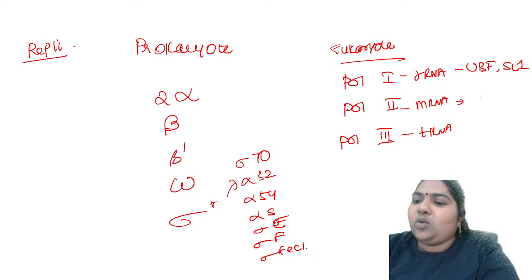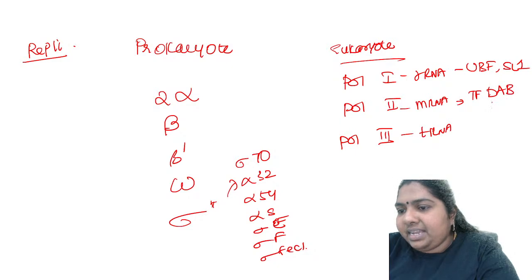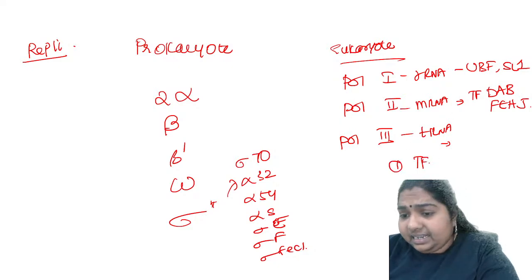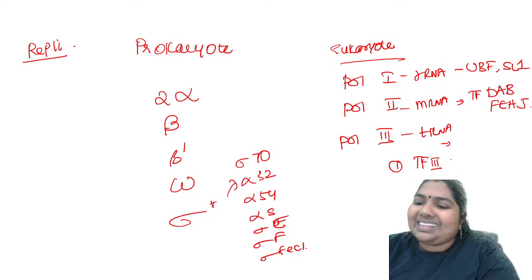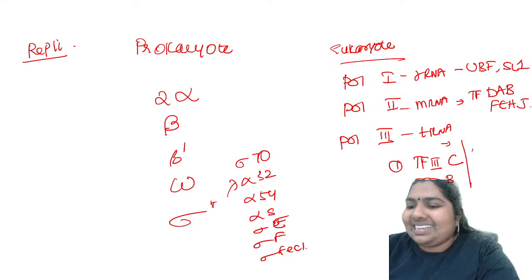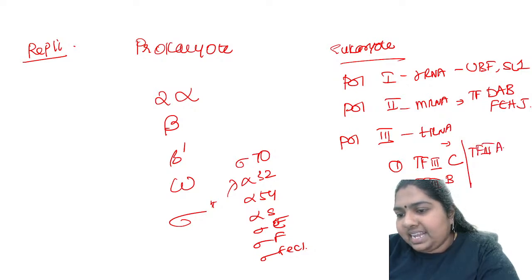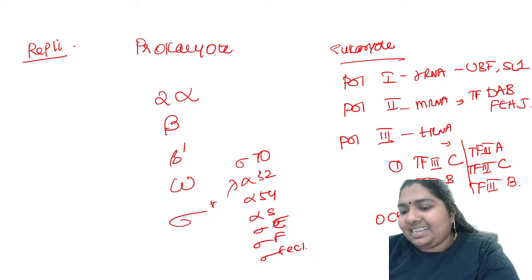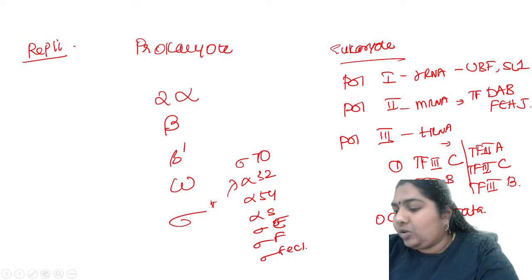For Pol 2 you have the Tata box and transcription factors D, A, B, F, E, H, J. For Pol 3, you have transcription factor 3C and then transcription factor 3B in one set. In the other set, you have 3A and then 3C and then 3B. And then another one is Oct, PSE, Tata, to which your factors are going to bind.